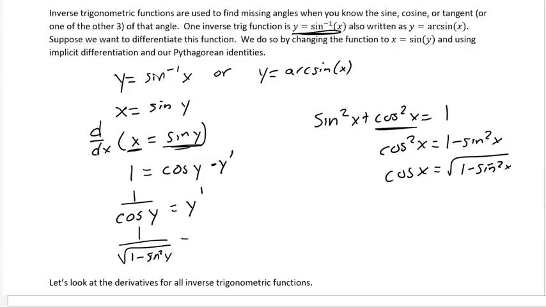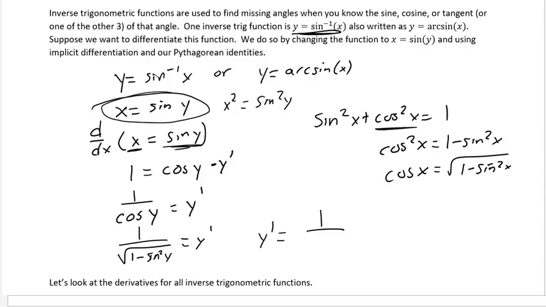But you're saying, that doesn't help us any, but it really does, because back here we had that x equals sine of y. So that means that sine squared of y is going to equal x squared. So we can replace this 1, and then it's the square root of 1 minus x squared.